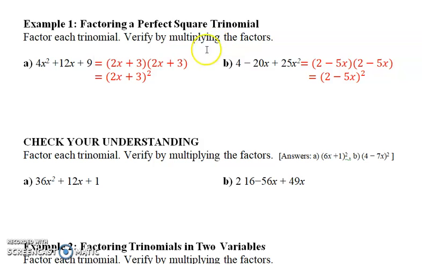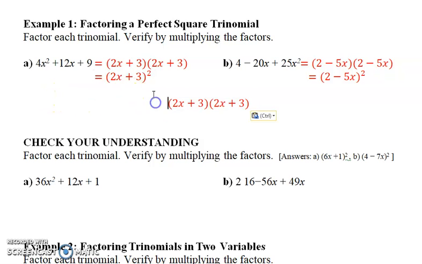Okay, it says verify by multiplying, so just going in the reverse order to double check. We verified in our heads, but they want us to verify, so we'll take the answer and do the distributive property, which we learned in some of the previous sections.